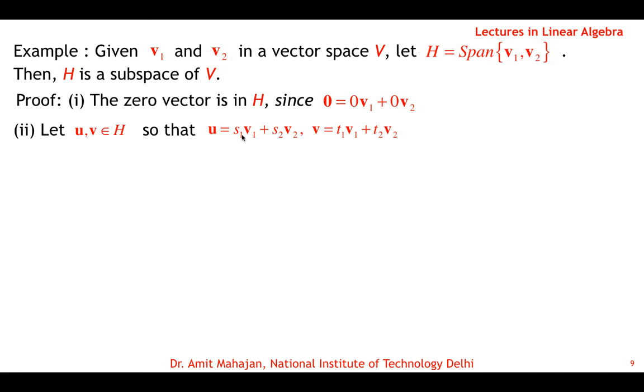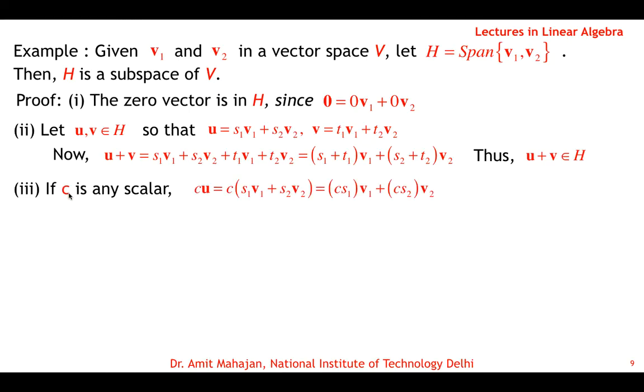Let u be a linear combination of v1, v2 and v a linear combination of v1, v2, then we will have to prove that u plus v also belongs to H. u plus v is the sum of this combination and this combination, and then we can combine the v1 and v2 terms. s1 plus t1 is another scalar, s2 plus t2 is another scalar. So again u plus v can be written as a linear combination of v1, v2, so u plus v belongs to H.